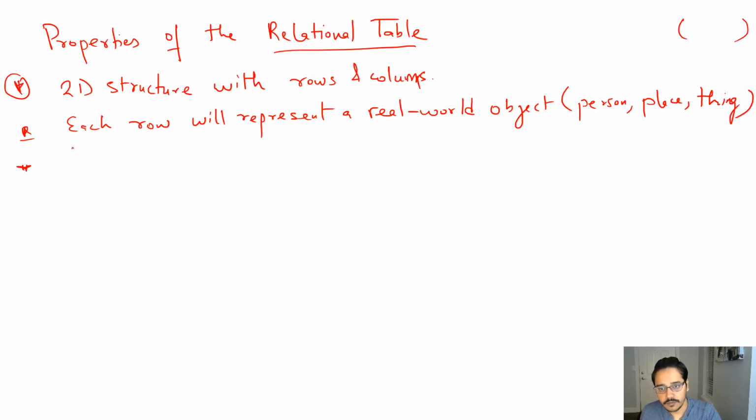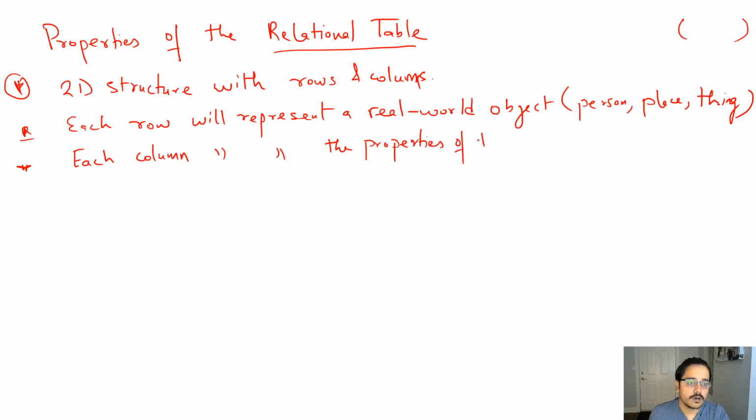Okay. Each column will represent the properties of the objects stored in the table, right? So basically attributes define the objects that you're storing in the particular table. Okay.